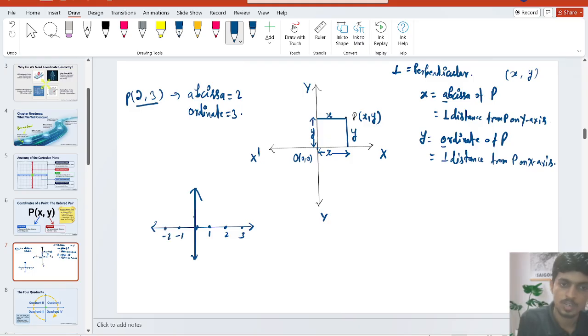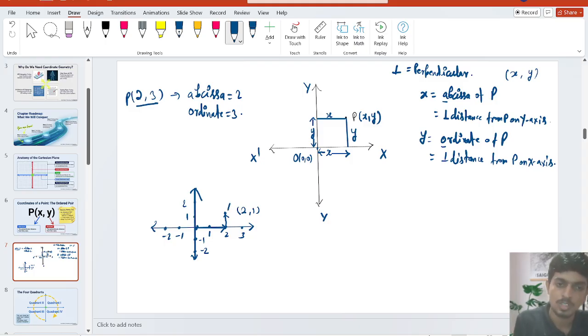Here this is 1, 2, and here this is -1 and -2. Suppose we need to locate a point. How to locate it? Simply we go along the x-axis, then jump to this point. This distance is 2 and this distance is 1. So its coordinate is (2, 1).